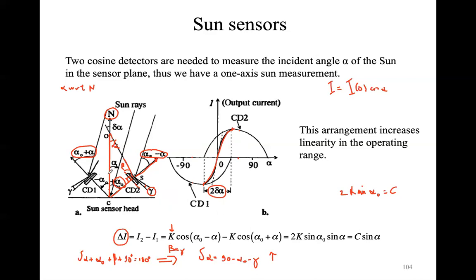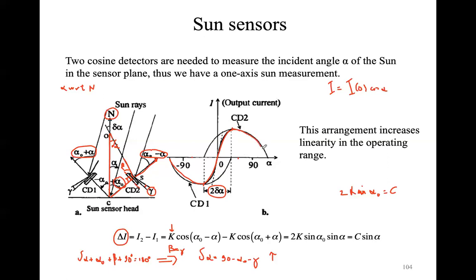This configuration enables you to get a signal that is the result of the difference between the current coming from the second sensor minus the current coming from the first sensor. And you can see that the resulting curve is the red one.